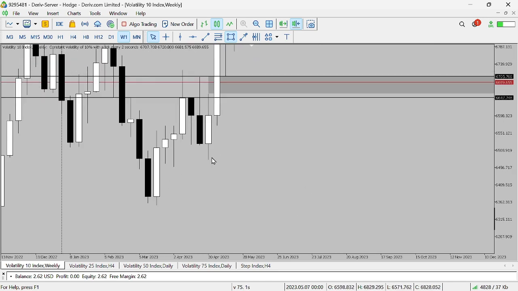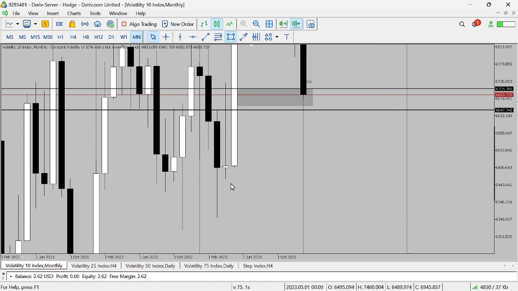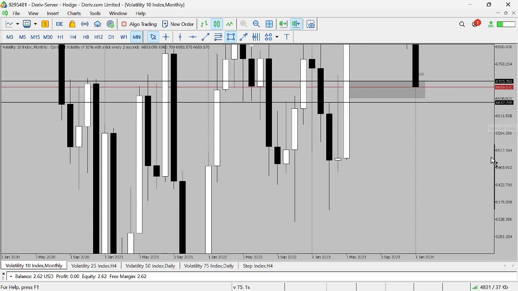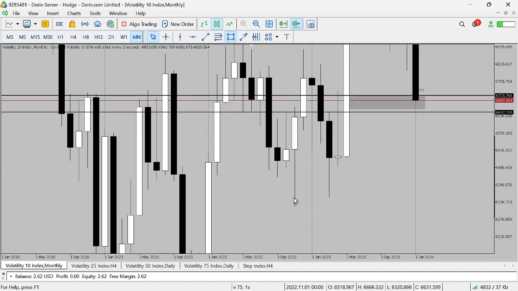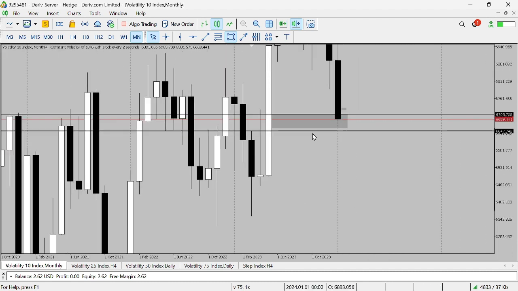Now for me to expect these lows to go, let me go back to the monthly. For me to believe that these lows are going to be taken, I need to see price closing below the fair value gap and also 50% of this bullish order block. If price closes below 50% of this bullish order block, the body, I'll be very much convinced that these lows are going to be taken.